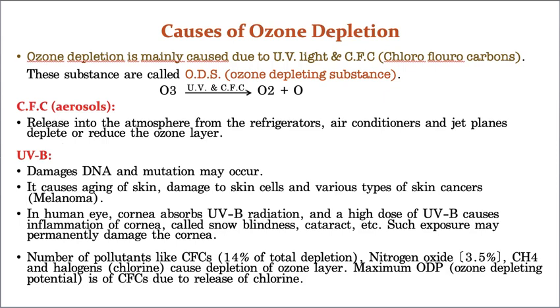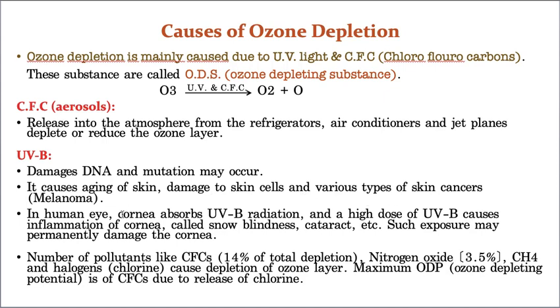And also UVB light. Students, I explained in a very detailed way about UV rays and types of UV rays. So please watch that video once again, or open your notebook and read the types of UV rays. UVB is a very dangerous one which damages DNA and causes mutations, and it causes aging of skin, damage to the skin cells, and various types of skin cancers called melanoma.